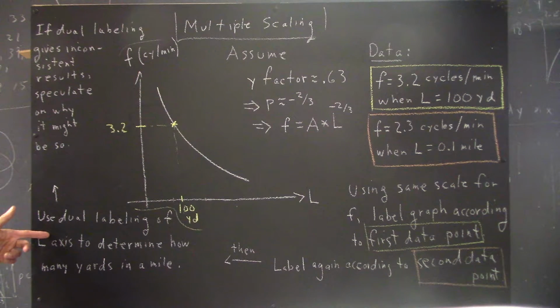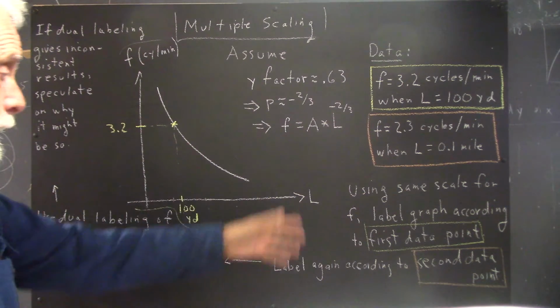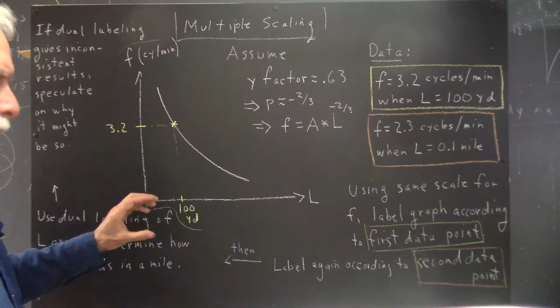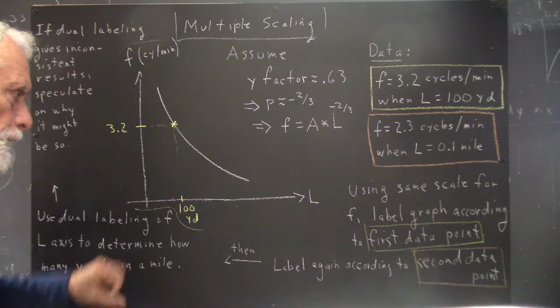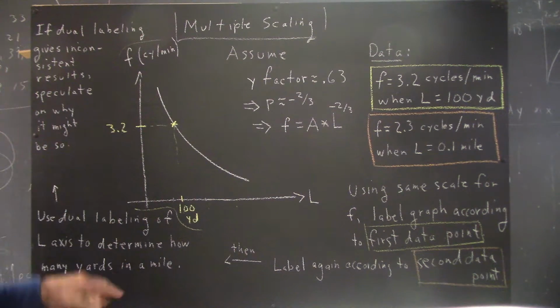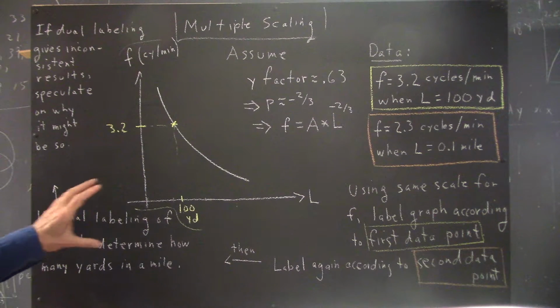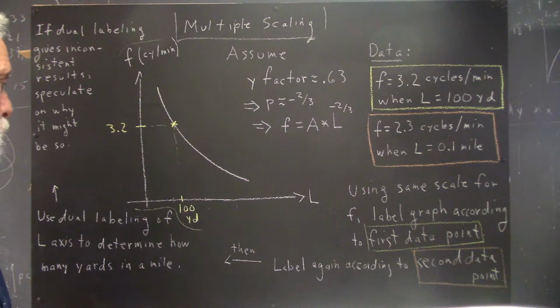So, we use the dual labeling to determine how many yards in a mile. I'm not going to tell you how to do that. Look at the graph, use your knowledge base, use your insights, use your intelligence, and don't feel too badly if you get a little confused here. I would give this a day before I would start looking at hints.